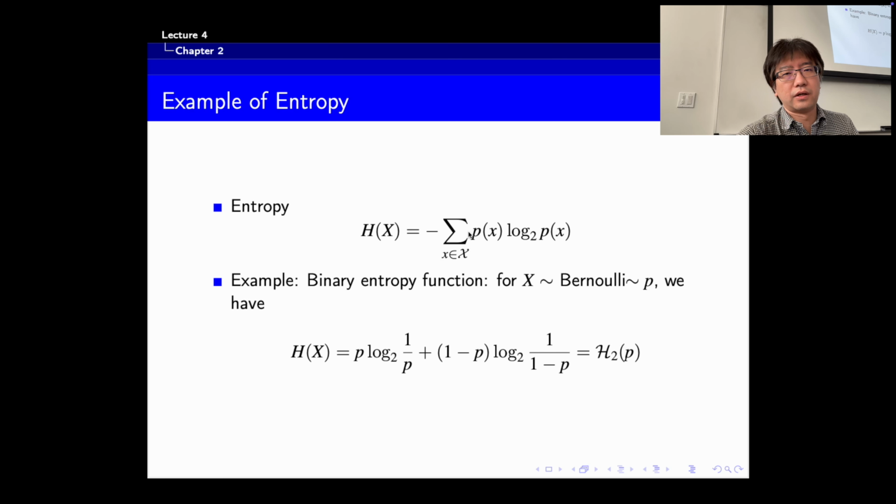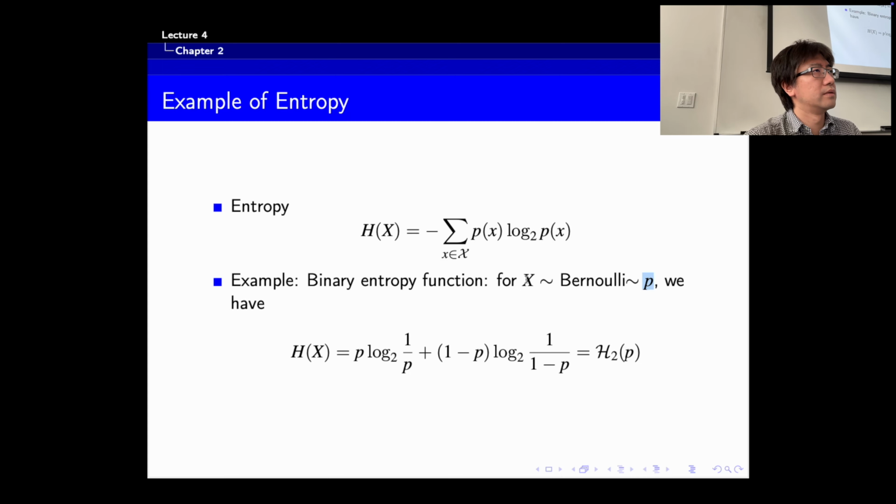This is the definition of entropy, so hopefully everyone can remember it pretty well. Consider a random variable X that follows a Bernoulli distribution with parameter p, where p means the probability that X takes a value of 1.